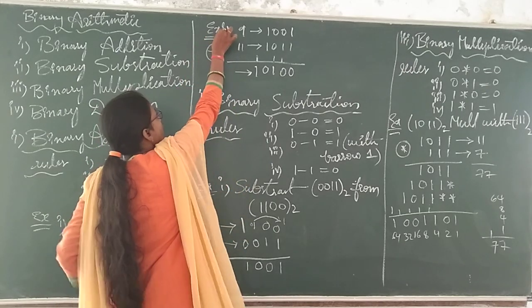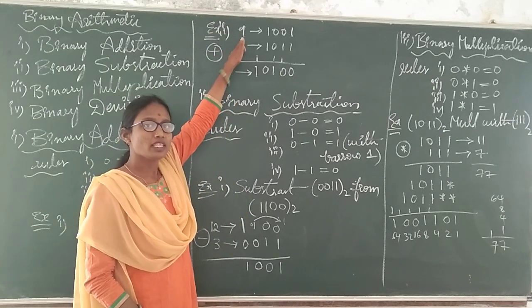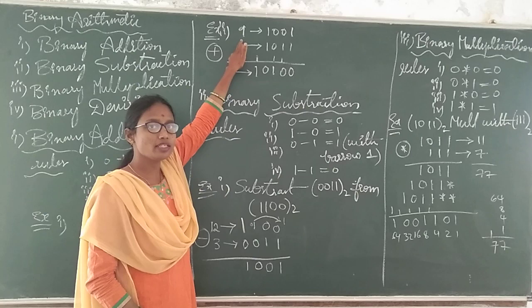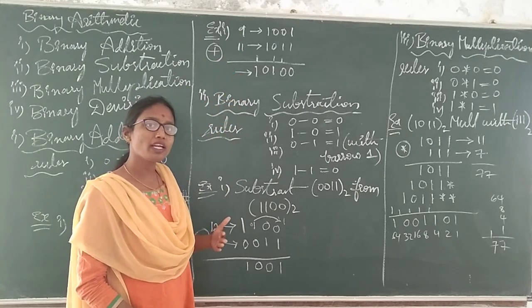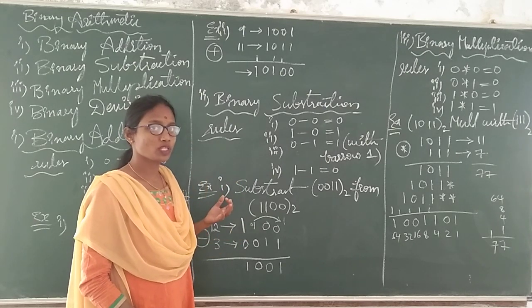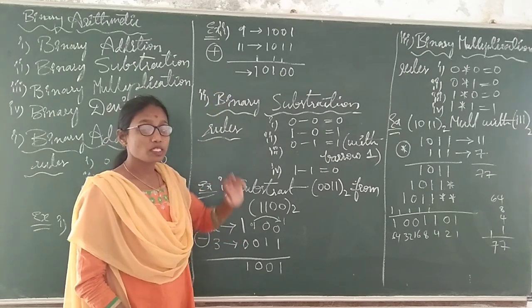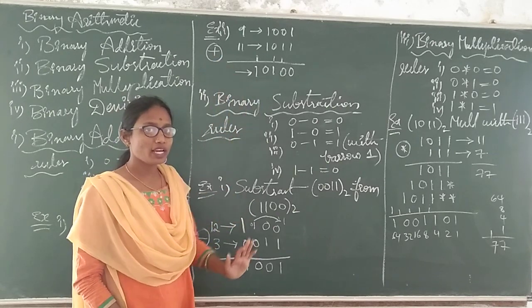Example 2: 9. 9 is a decimal value. We already know how to convert decimal to binary, by dividing with 2. The binary base value is 2 and the decimal base value is 10.